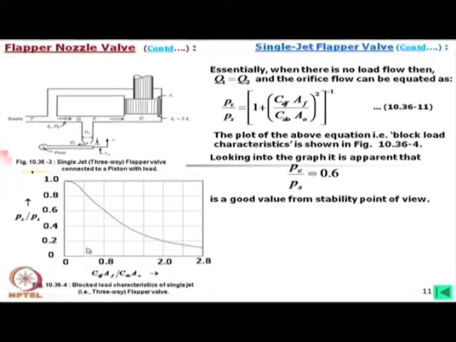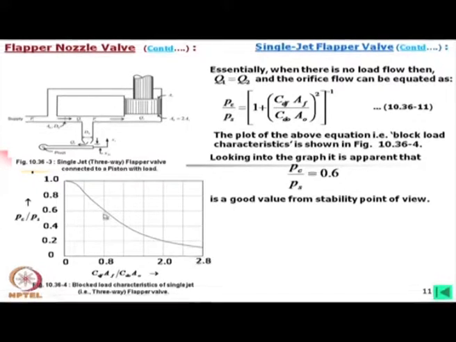So, possibly if we are here, then this is simply just a comment, maybe this was found by the analysis that at those conditions the operation will be the best. Whereas, if we enter in this zone, say this is 0.6, this is 0.8, this is 0.4, P_c/P_s equal to 0.6 is this one, here it is 0.8.